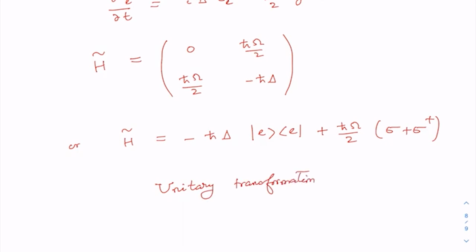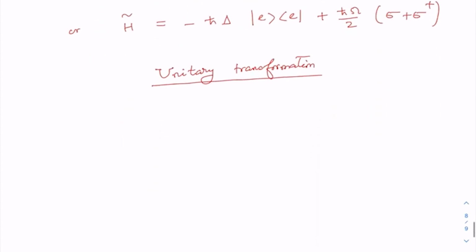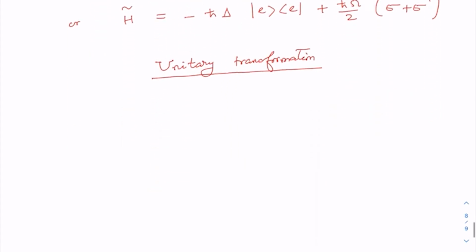I think I have already discussed unitary transformation in lecture 1, but considering its significance, let me once again remind you about it. Suppose we have a unitary transformation that takes us from the state vector psi to a new state vector psi tilde via psi tilde is equal to U psi, where U is the unitary transformation.